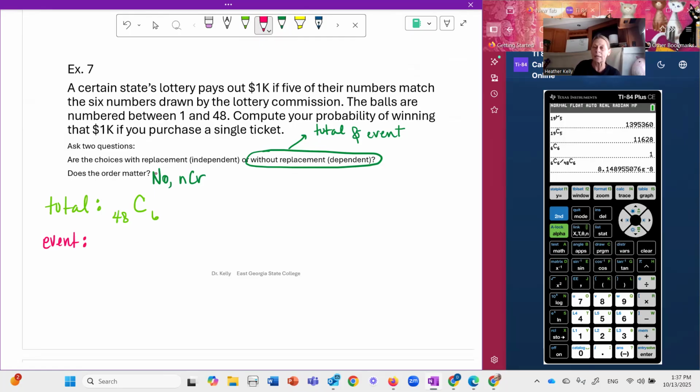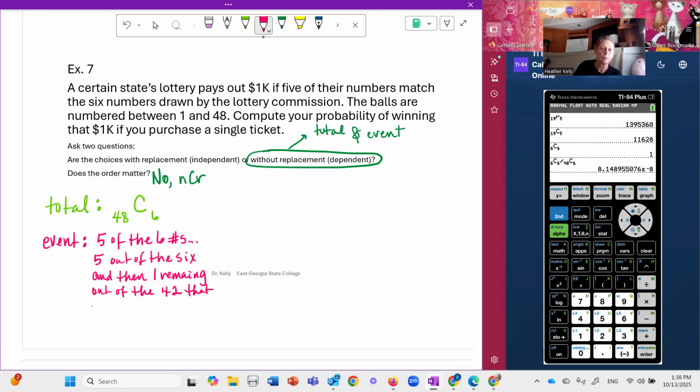And the event is, to be really technical, we get 5 of the 6 numbers, and then 1 remaining out of the 42 that are not of the 6 winning numbers.